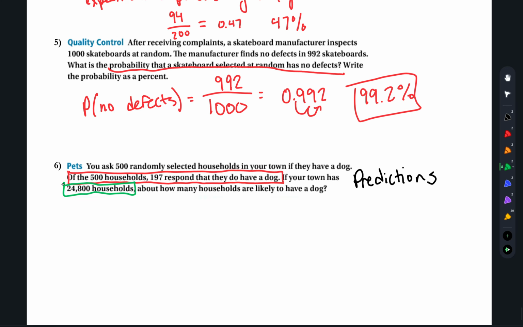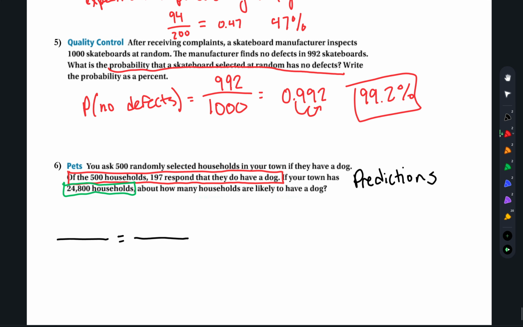I don't know if anybody really wants to go around to 24,800 households and ask them if they have a dog. So instead, we're going to use the data that we collected to help us make this prediction. The way that we're going to do that is with proportions.